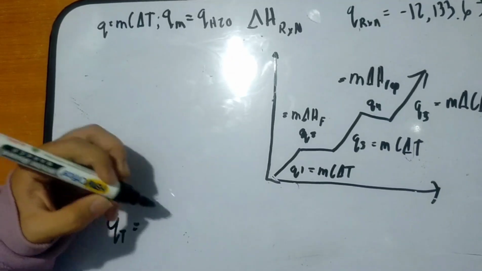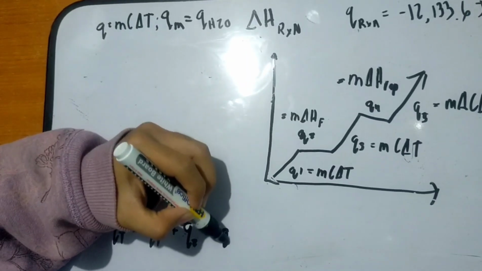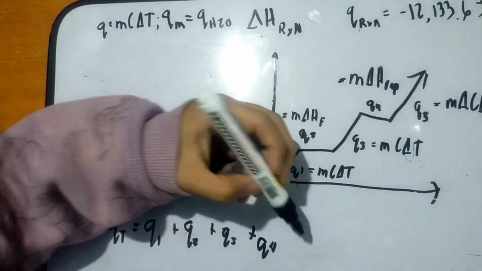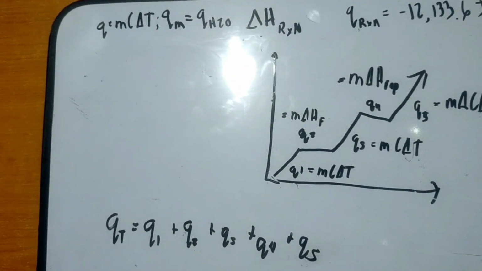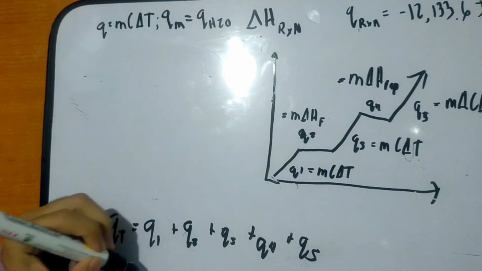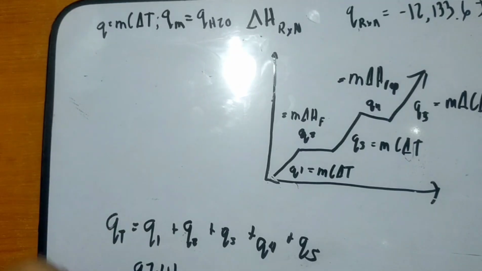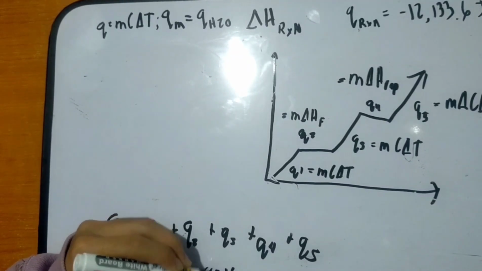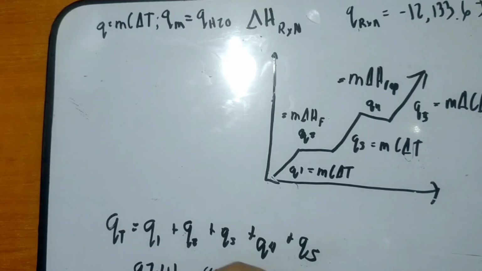Para makuha natin QT, we need the Q1 plus Q2 plus Q3 plus Q4 plus Q5. Now, lagay natin yung value. We have 974.4 plus 816 plus 10,041.6 plus, kita pa ba?